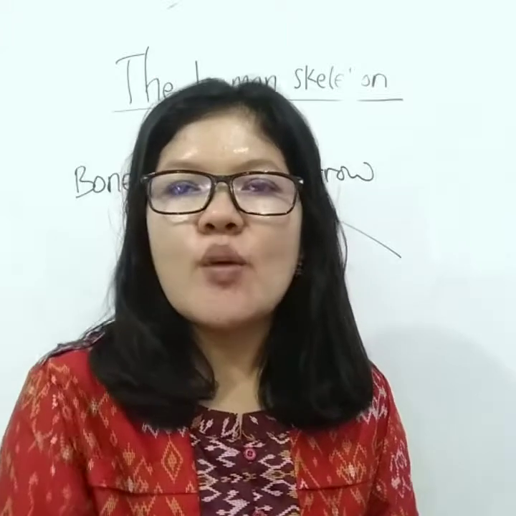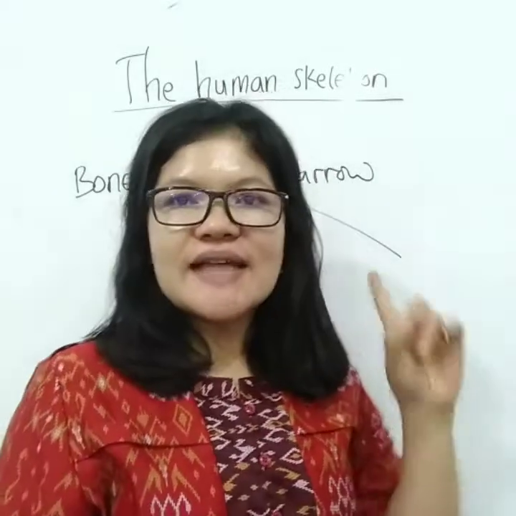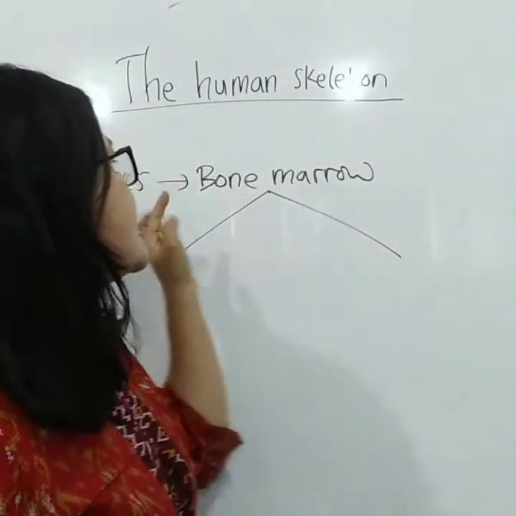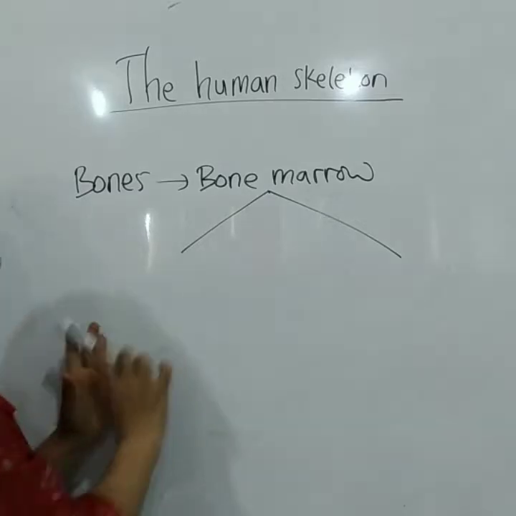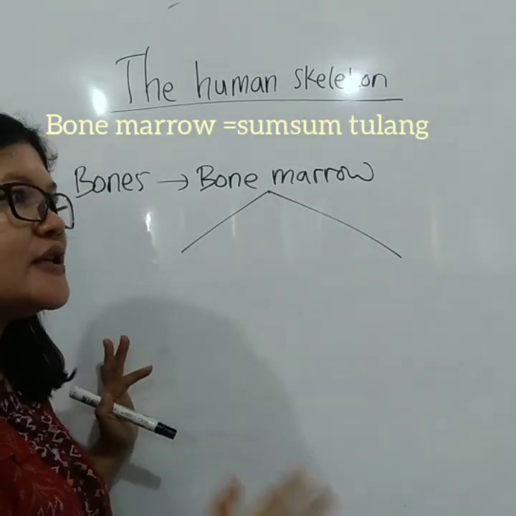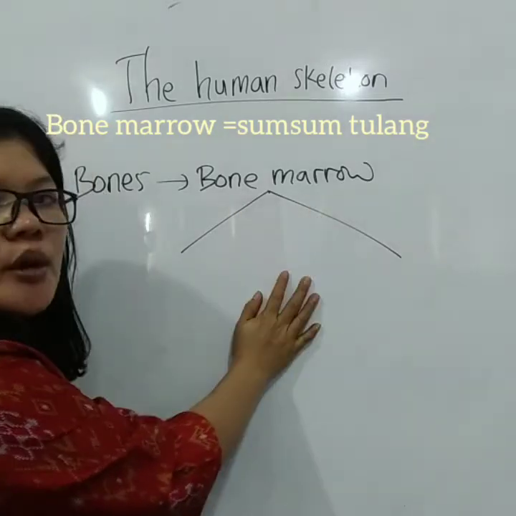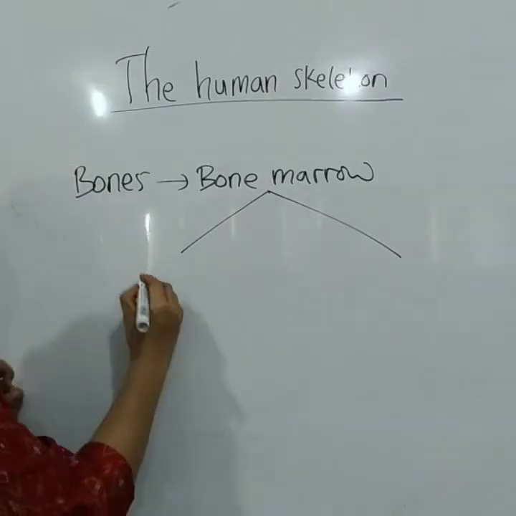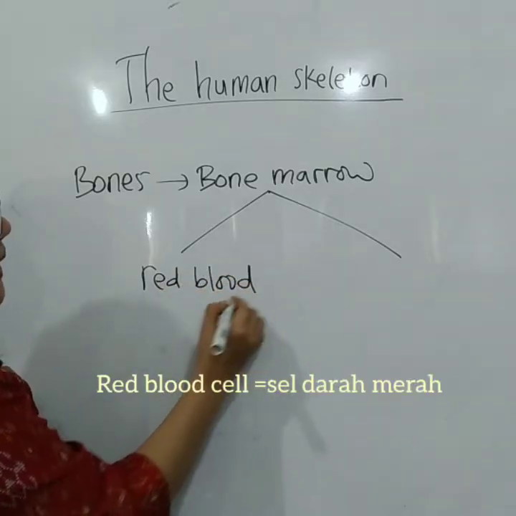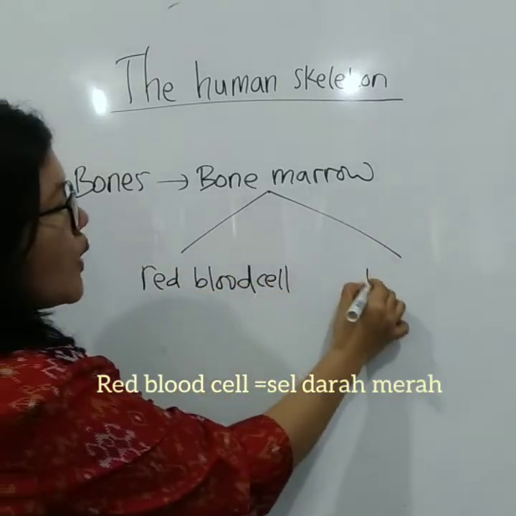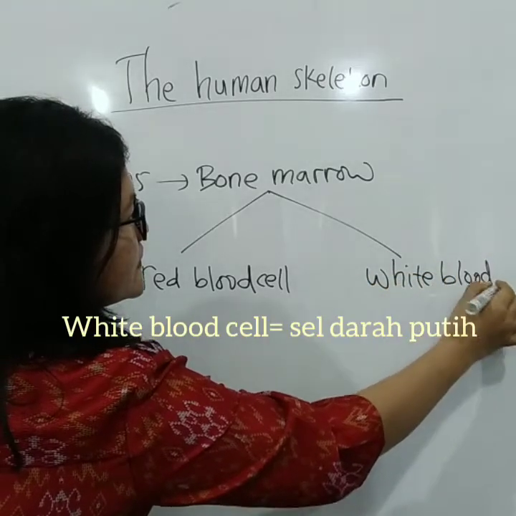Now, what is inside the bones? Inside the bones there is bone marrow. Bone marrow has a special function, or job. Bone marrow will produce red blood cells and white blood cells.